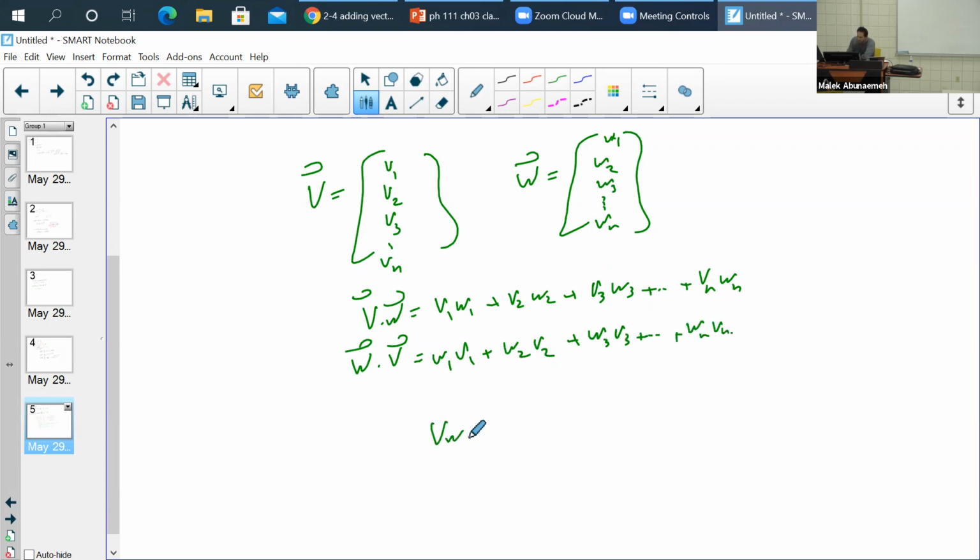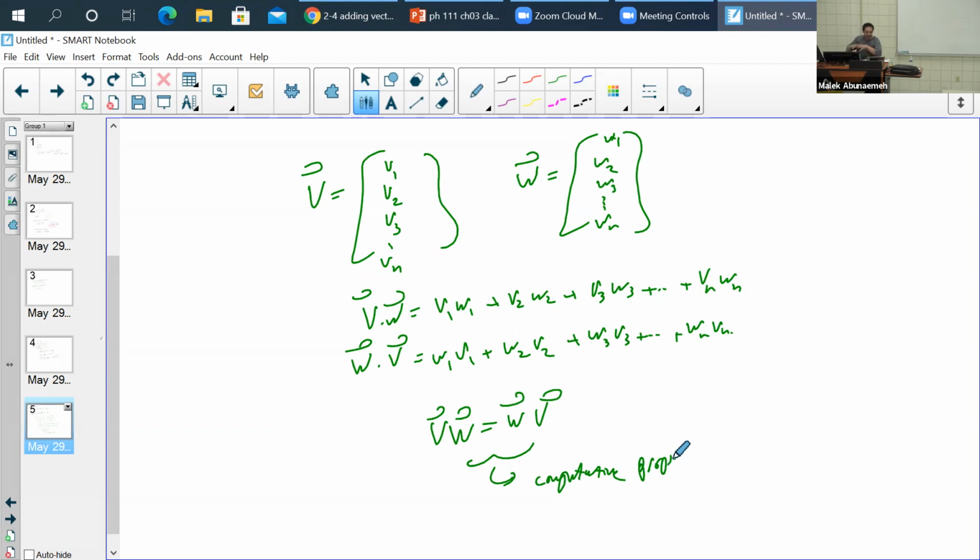So your V dot W is going to equal your W dot V. And again, this is the commutative property.